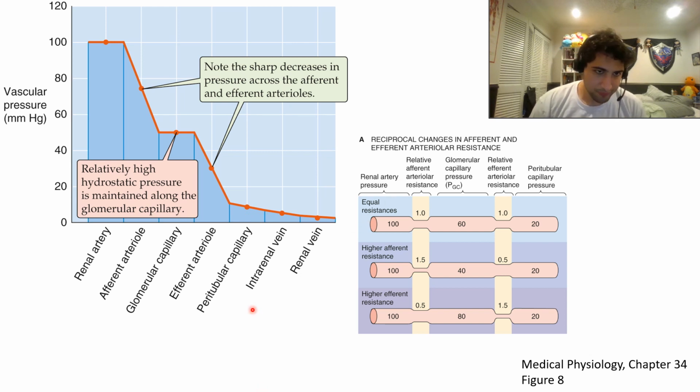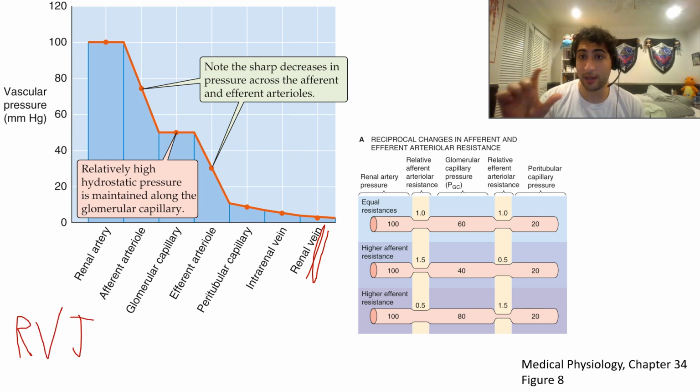All right. One scenario I want to talk about, just drawing attention to the renal vein. There are a couple conditions I want you to put in your mind. There's renal vein thrombosis, RVT, which is clotting of the renal vein. There's renal cell carcinoma, which is cancer that can compress the renal vein.